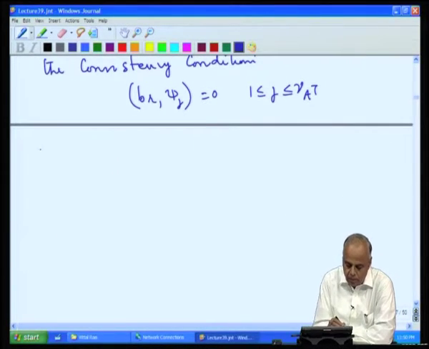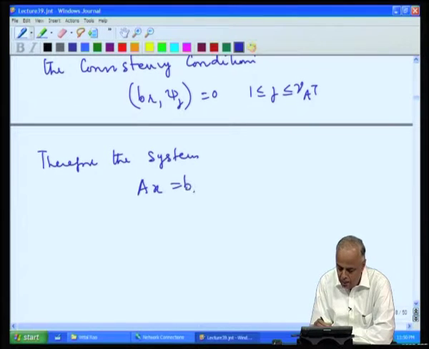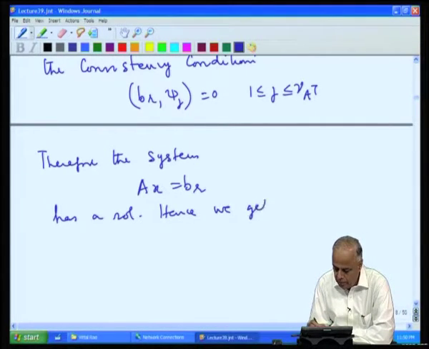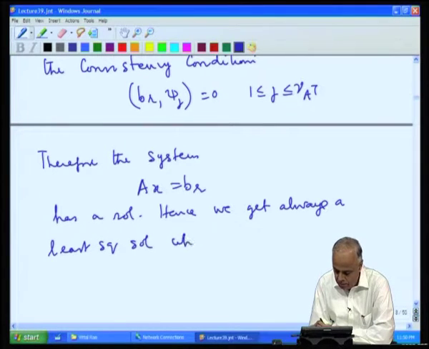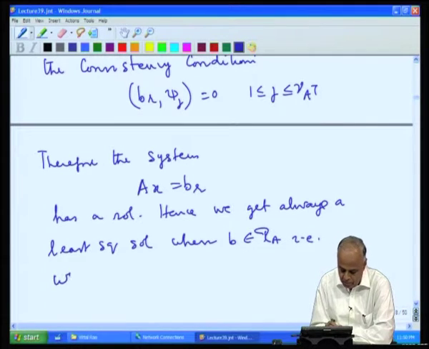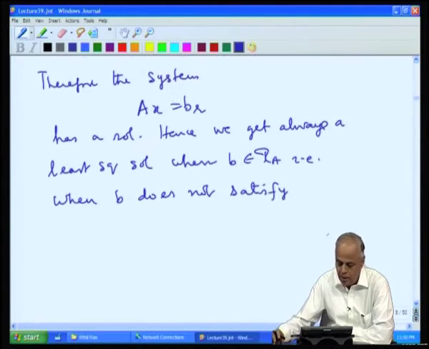And therefore, the system Ax equal to b_r has a solution, and hence we always get a least square solution when b does not belong to the range of A, that is when b does not satisfy consistency conditions.